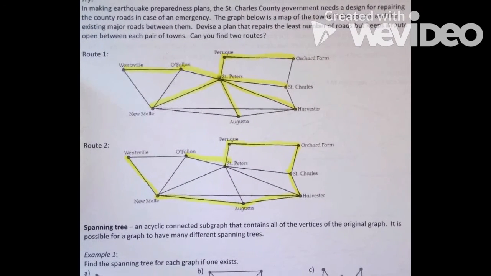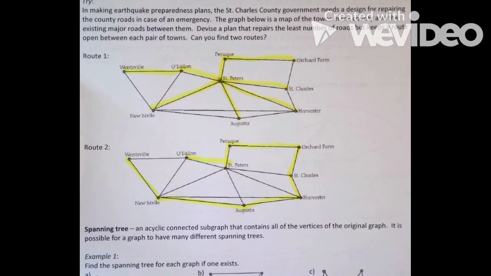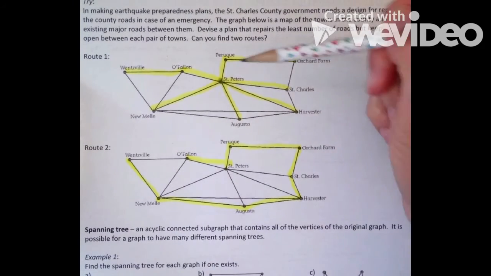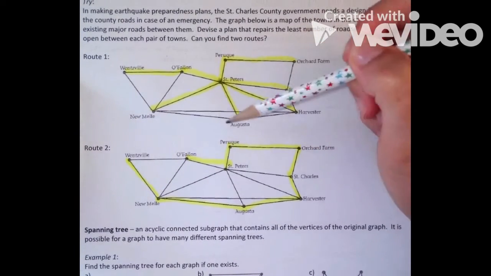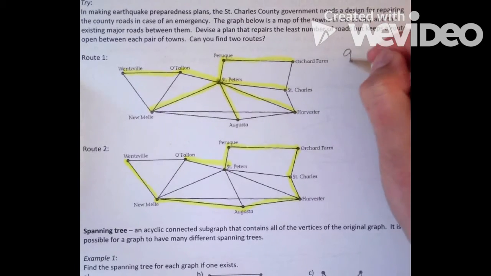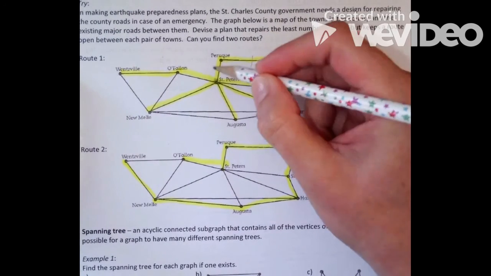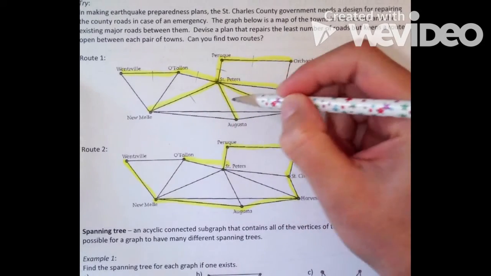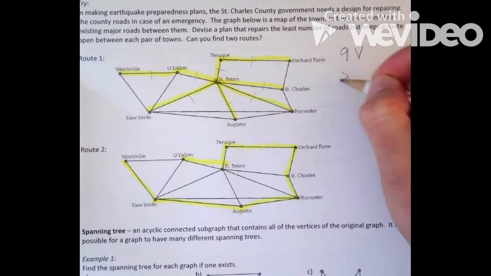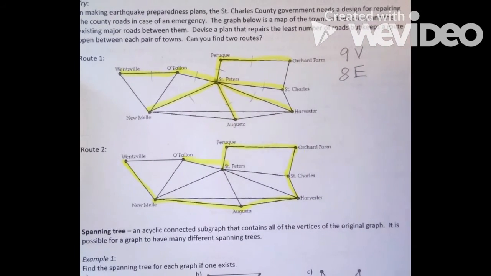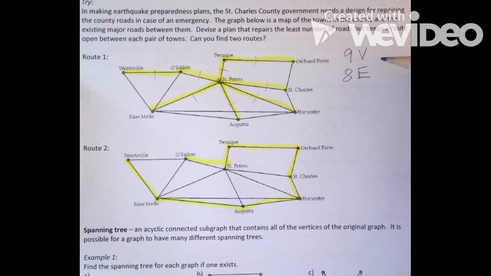And each of these routes, if you count all the towns, we are going to have 1, 2, 3, 4, 5, 6, 7, 8, 9 vertices and 8 edges. As you can see, this is an acyclic graph, which means this is a tree graph.